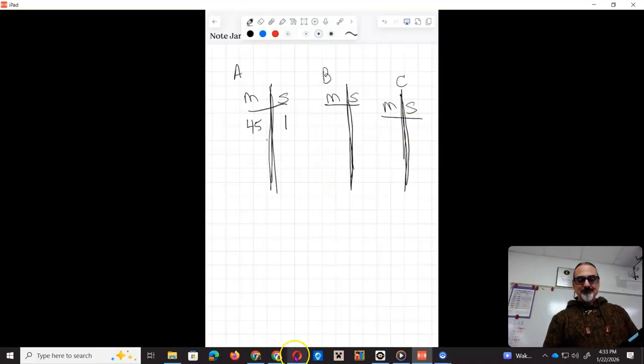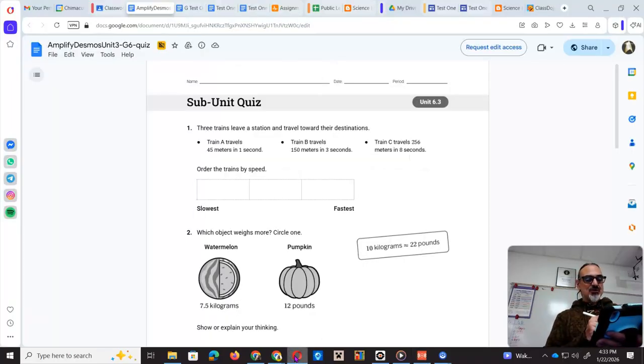Now the second one, train B, was 150 meters. Well, I'm going to move some of this stuff down because I'm not going to have enough room to do my work. Okay, 150 meters in 3 seconds. And train C was 256 meters in 8 seconds.